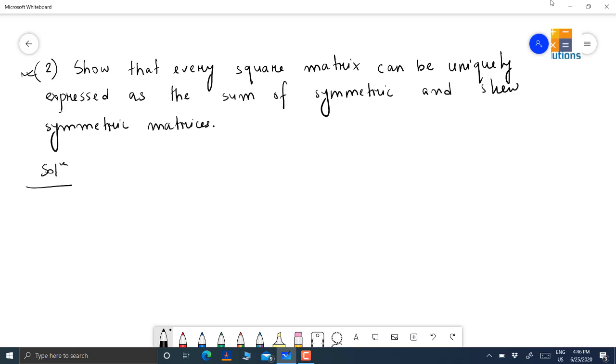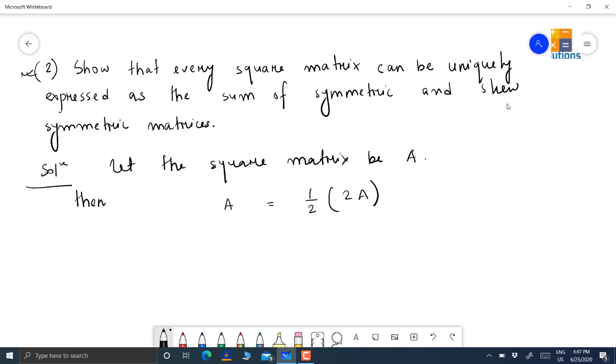In this case, let the square matrix be capital A, then there is a way of expressing this in terms of transpose also. If I write A as 1 by 2 into twice of A, then there is a way of expressing A in terms of transpose of matrices.